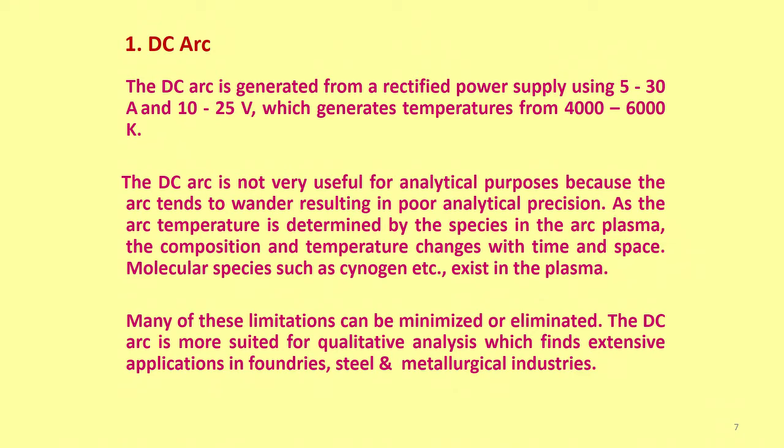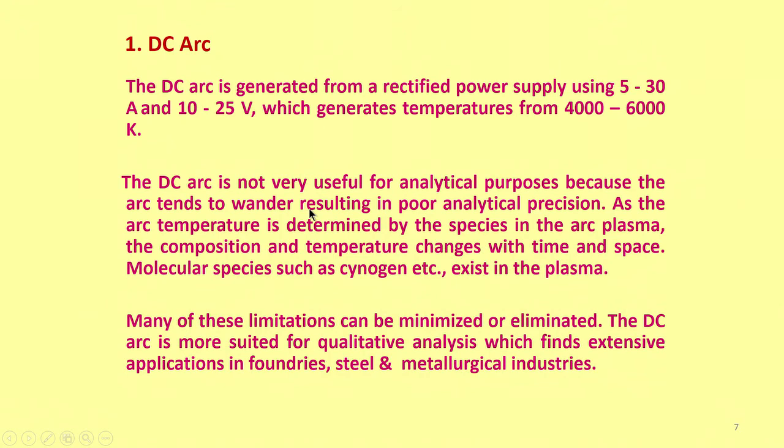Why? Because the direct current arc, as it comes nearer and nearer, becomes very violent. So, for good analytical work we need a steady space, a steady arc. When we put the sample, it should not wander. The energy change should be smooth, absorption or emission.